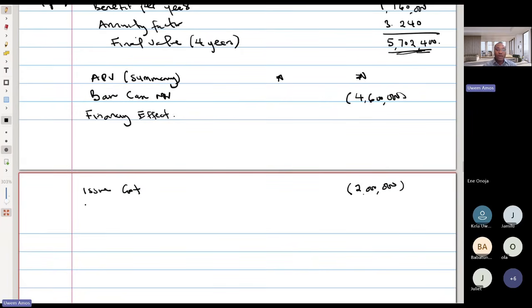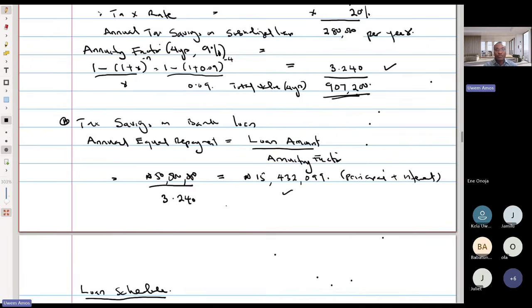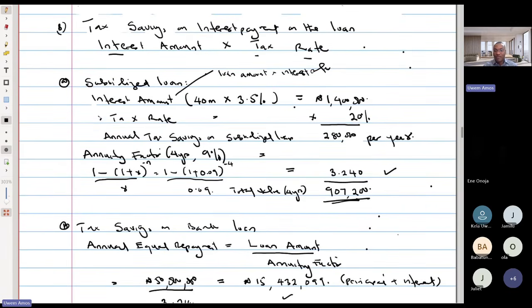We then have our tax savings on subsidized loan. Oh, sorry, I wanted to put all of these under here, so that I calculate the financing effects if I move them to the next line. So let me know what the total financing effect is. Let me put 2 million here. Our tax savings on subsidized loan: 907,200.